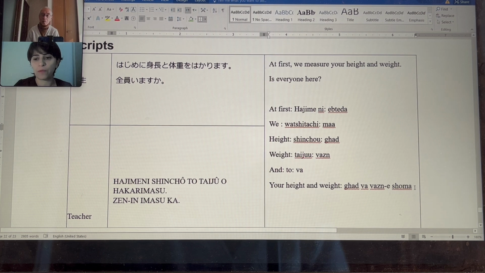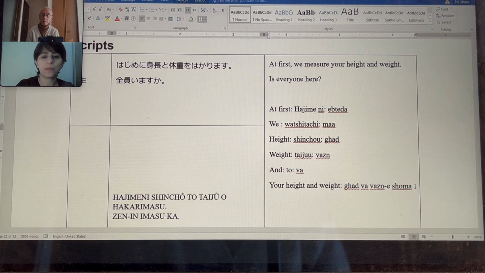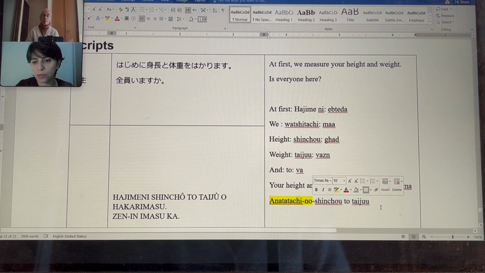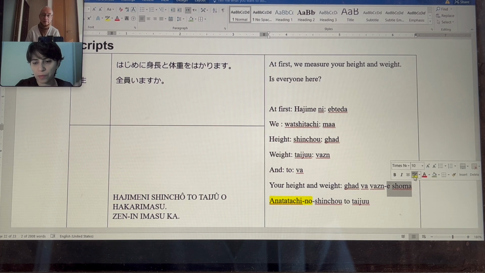If you want to type it in Japanese, your height and weight, anata tachi no shinchou to taijou. Basically it's equal to shoma. This no is equal to shoma, which comes at the end of the phrase basically.